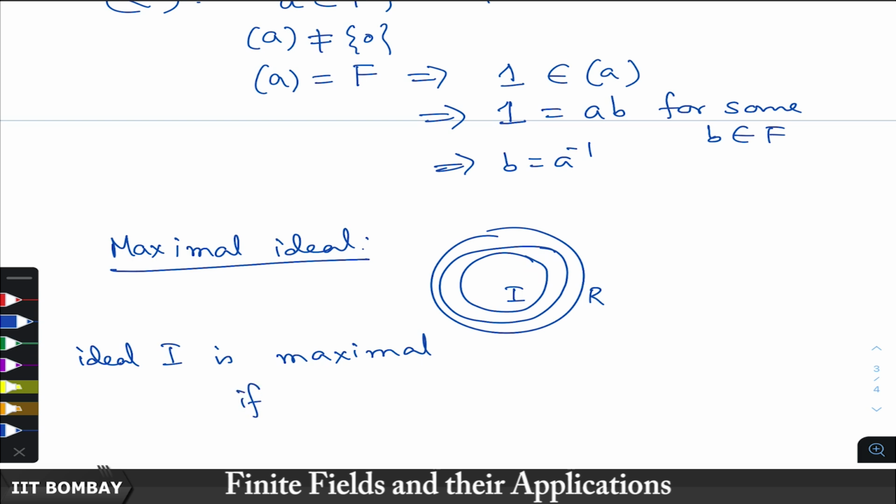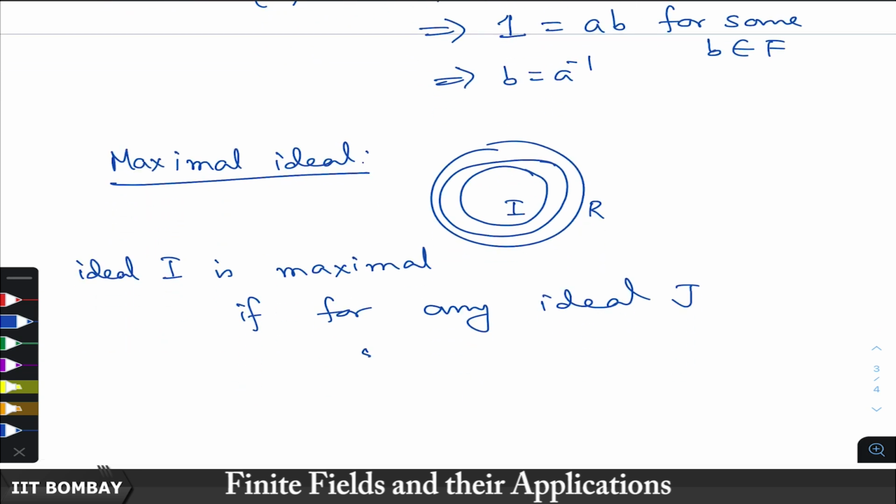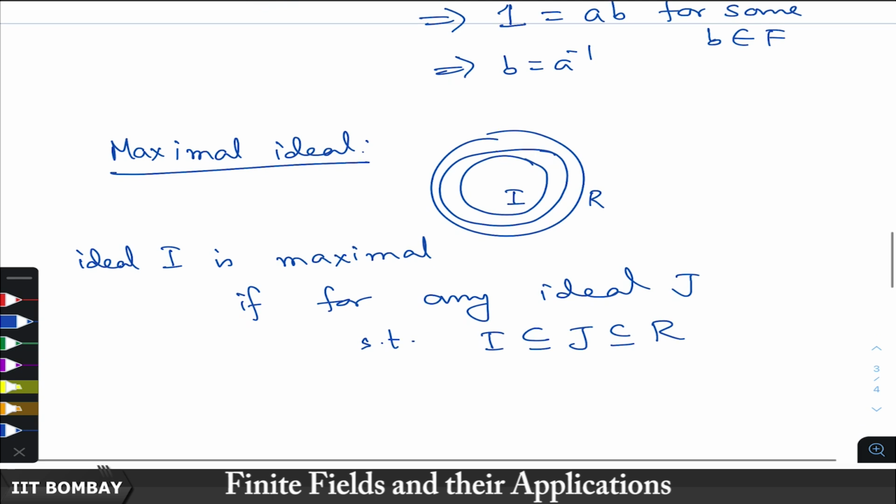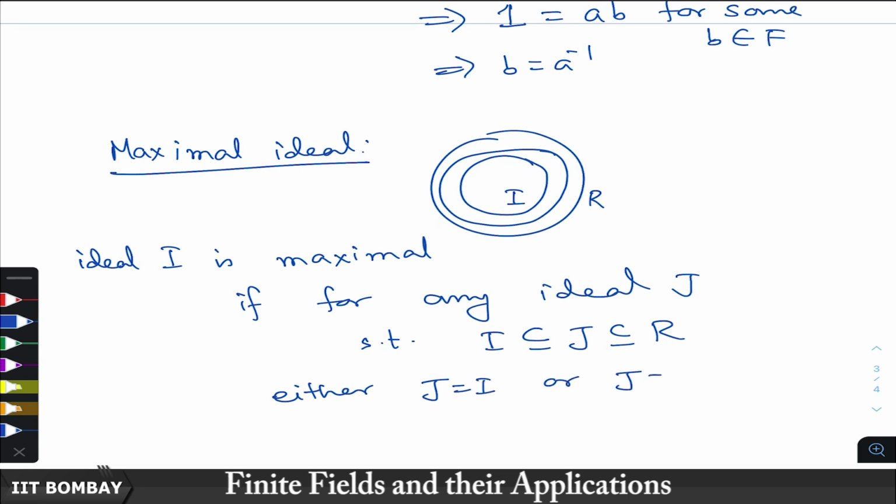if for any ideal J such that I, J, R forms a chain, it should be true that either J equal to I or J equal to R. There is no ideal strictly in between.